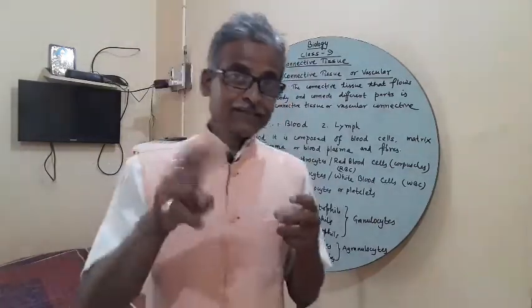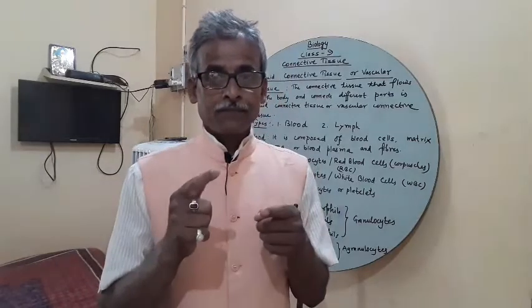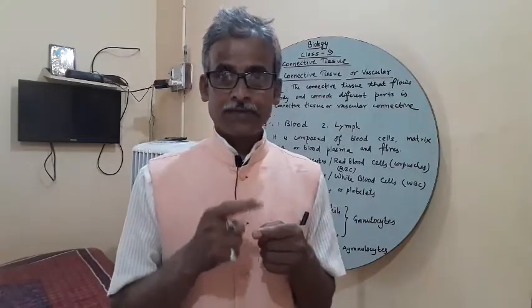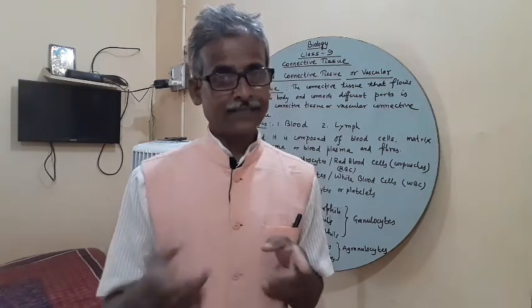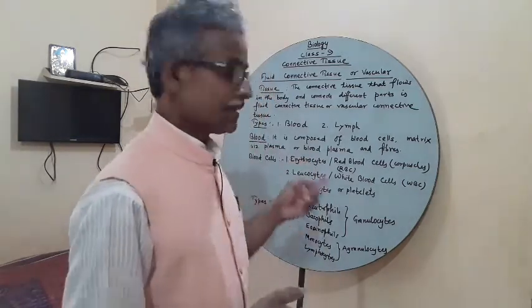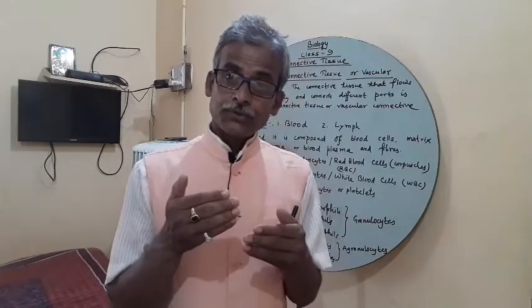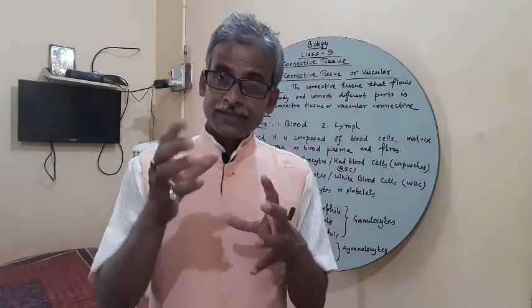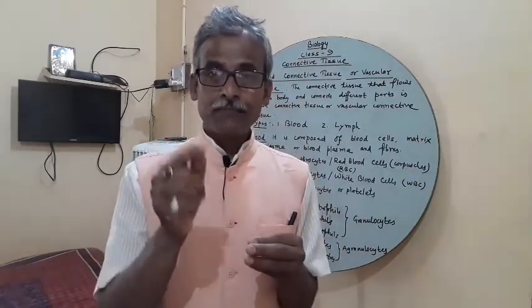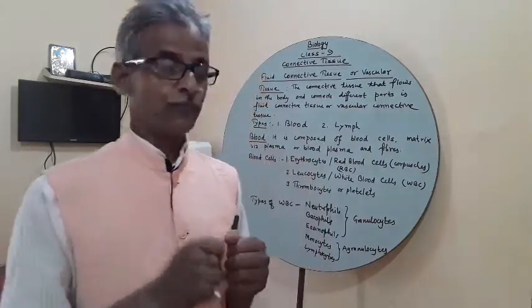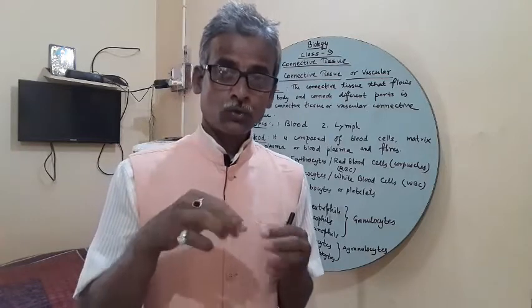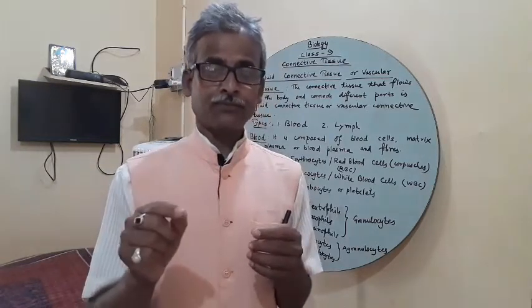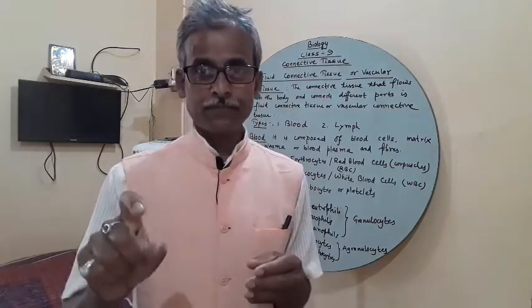So there are three components of blood: blood cells, blood plasma, that is matrix, and fibers. When we study CBC, a complete blood count, it refers to the total number of all types of blood cells in a definite blood volume.